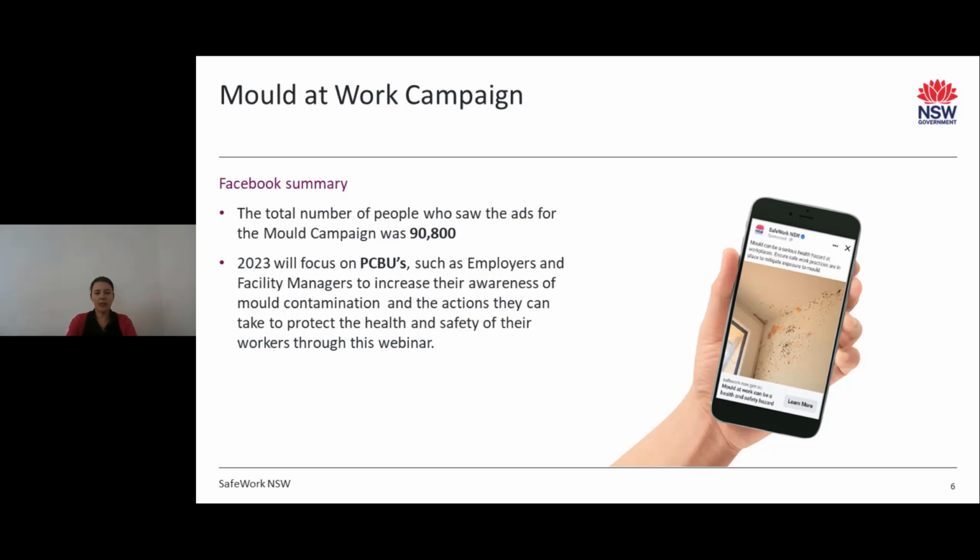As the flood risk over the Eastern Australian coastline is likely to continue in the near future due to the La Nina weather phenomenon, SafeWork New South Wales is continuing to focus on increasing awareness and educating persons conducting a business or undertaking, such as employers and property owners, through this webinar about the health and safety risk mould presents.